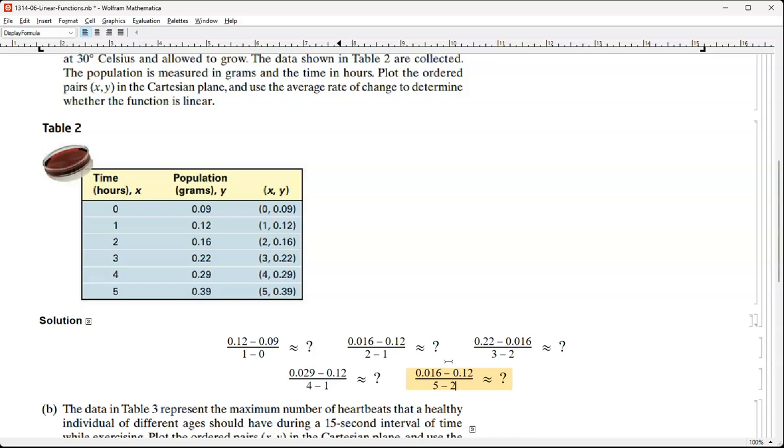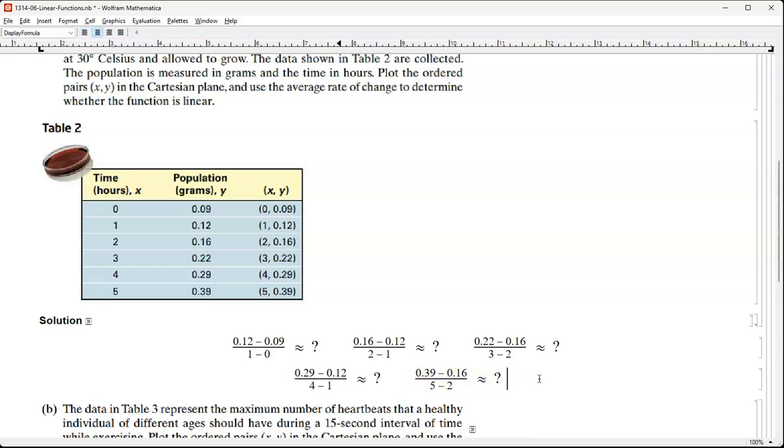So 0.39. As a matter of fact, I've been making some mistakes here, too many zeros, sorry about that. 0.39 and then 0.16. Yeah, okay, we can calculate various quantities here.